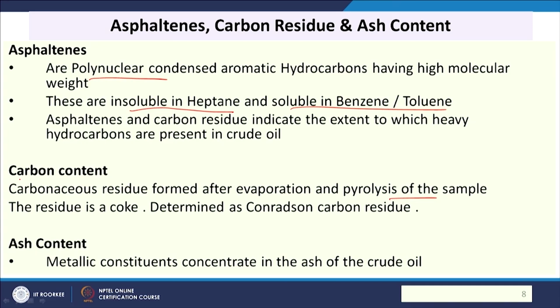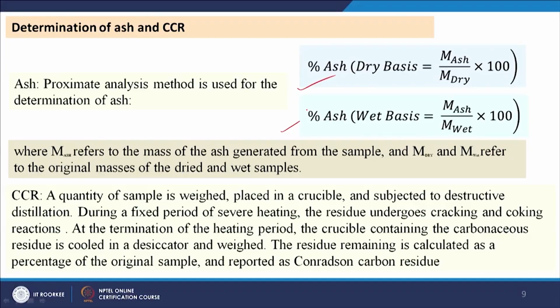Ash content we can measure from the proximate analysis, and just like coal, here also ash content is related to mineral matters present in it. Metals which are present also contribute to ash, and we can convert the ash into dry basis and wet basis as provided here. And Conradson carbon residue we can determine under specific conditions.